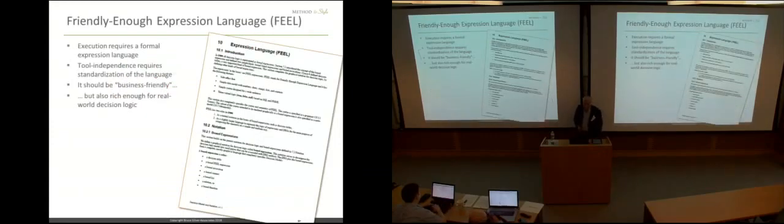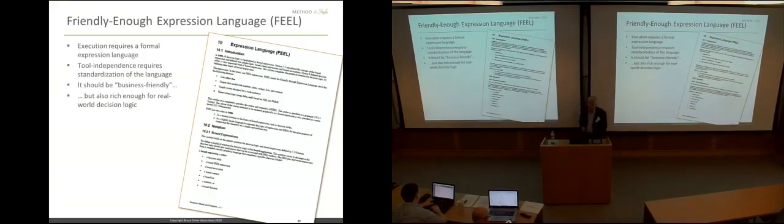Now, this combination of tool independence and executability is a tough one because it means that there needs to be standardization of an expression language. And this was basically one of the key issues in the DMN standard.